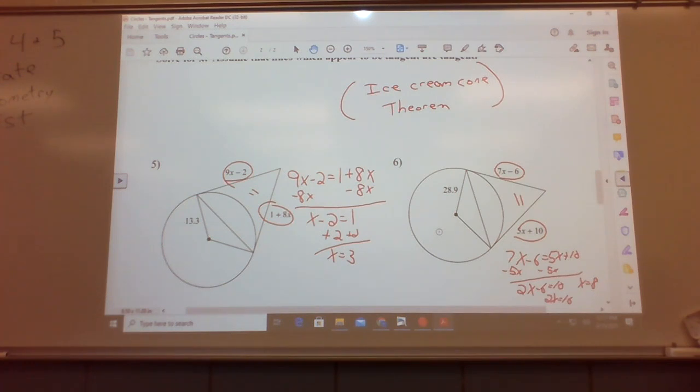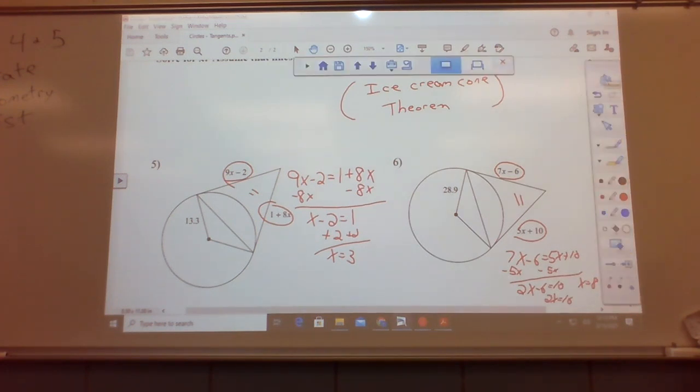Still see a couple people writing. Now, the next 6 are what you're going to work on.